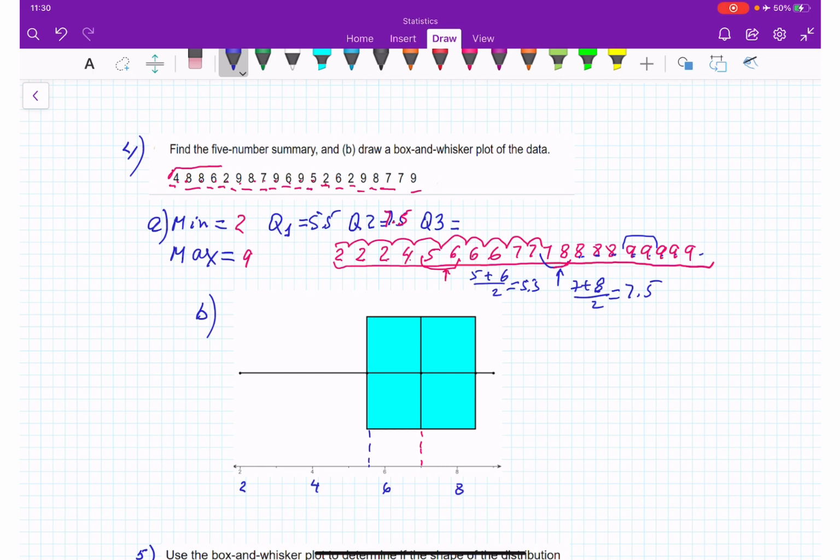This position is going to be 9. Okay, so we got it. This is 7.5, this is 5.5. Minimum is 2 and maximum is 9. Okay, we are good.